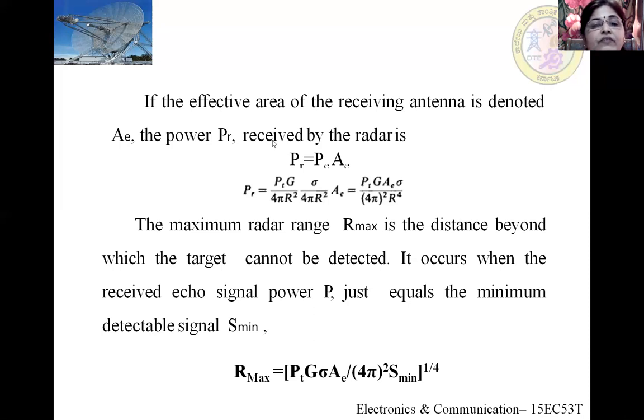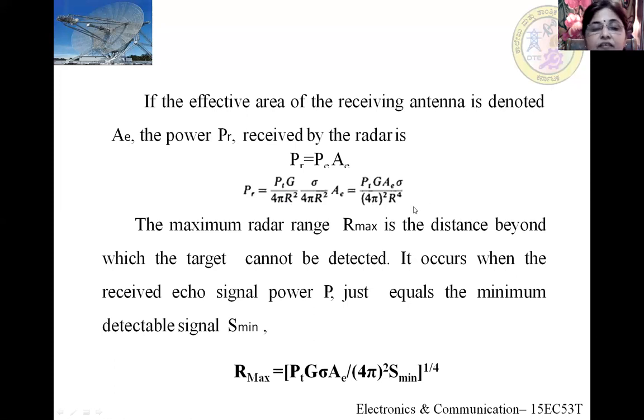Here we can see that the received power PR is equal to P into AE. Let us substitute the things. PR, the received power, is equal to PT G divided by 4 pi R square into sigma divided by 4 pi R square into AE, which is equal to PT G AE sigma divided by 4 pi the whole square into R to the power of 4.